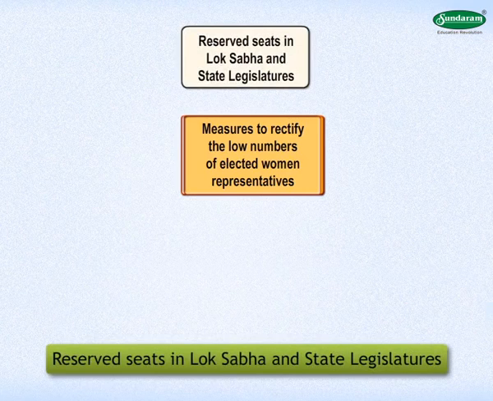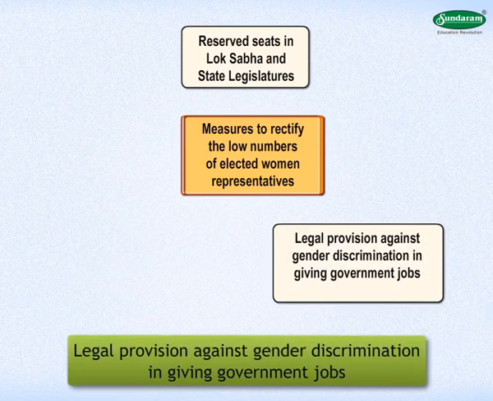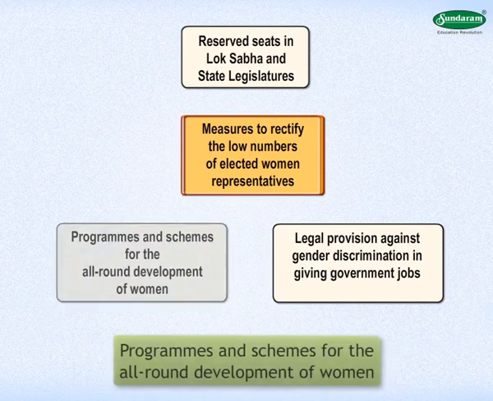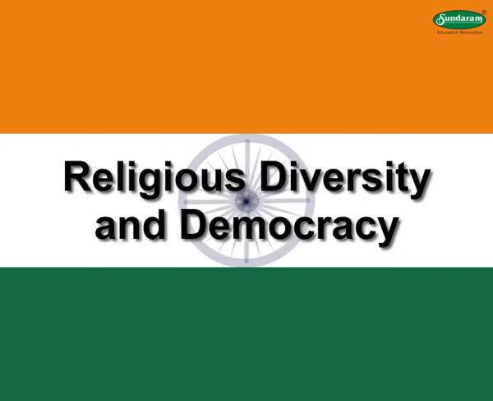Efforts are going on to provide reserved seats for women in Lok Sabha and state legislatures. In many countries, including India, there is a legal provision that there will be no gender discrimination in giving government jobs. The government also implements various programs and schemes for the all-round development of women.